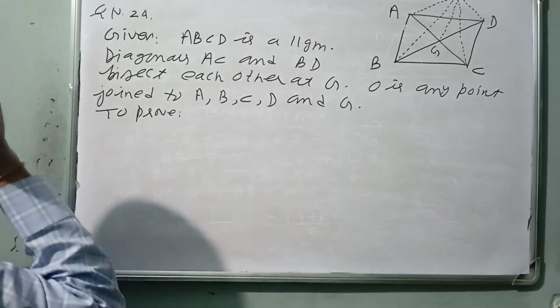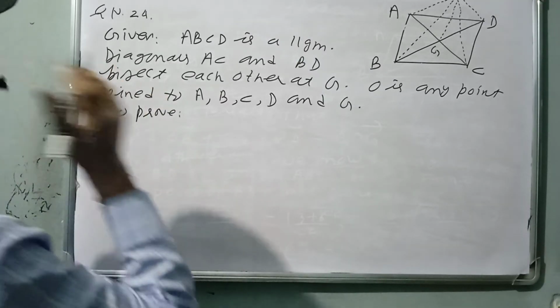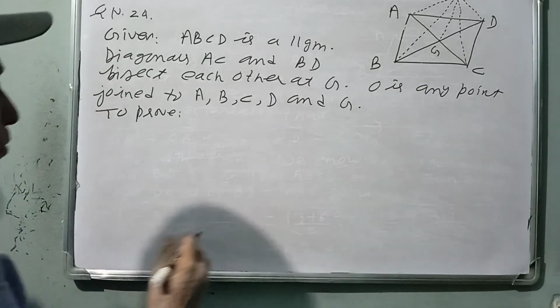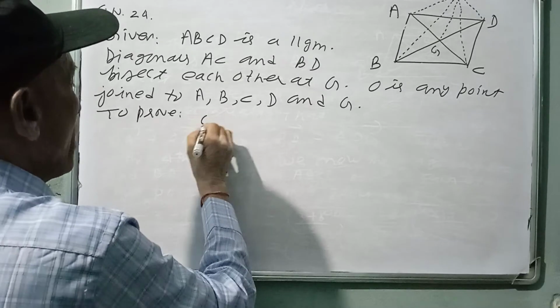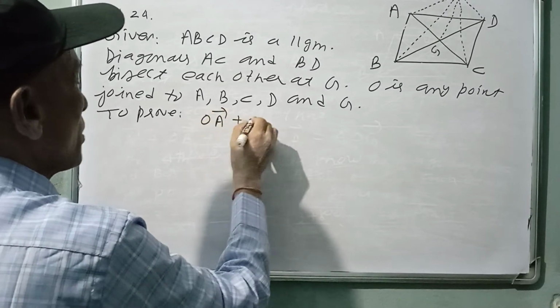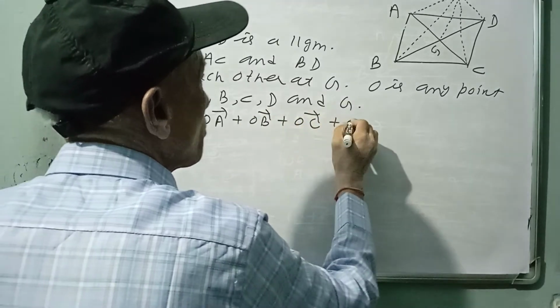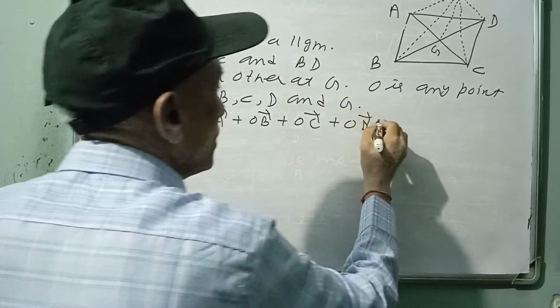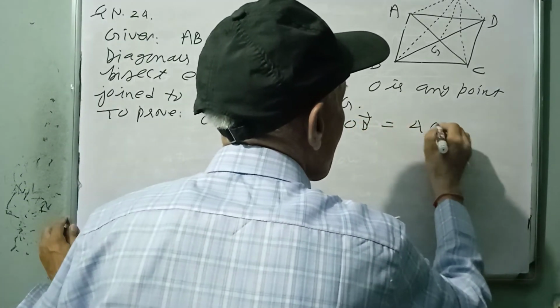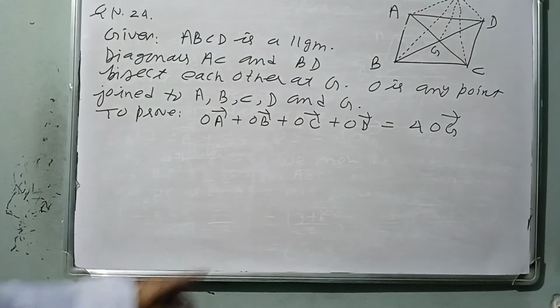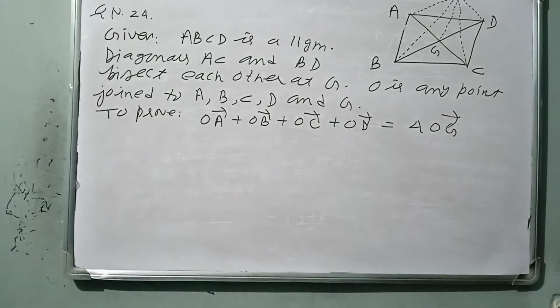To prove is vector OA plus vector OB plus vector OC plus vector OD equal 4 times vector OG. You have to prove OA plus OB plus OC plus OD equal 4 OG.